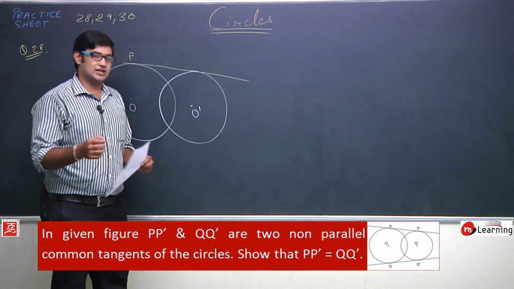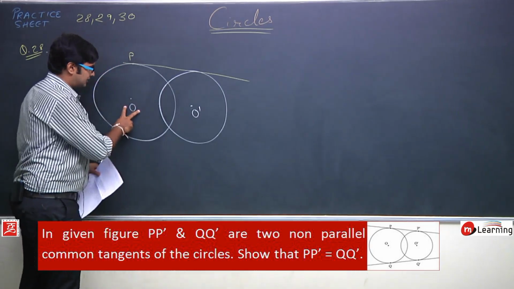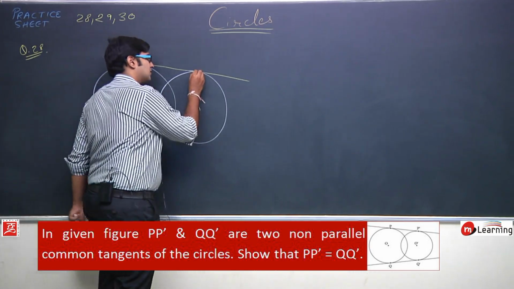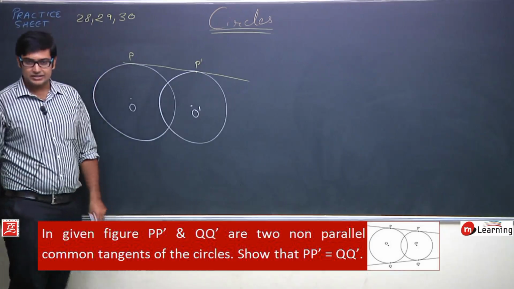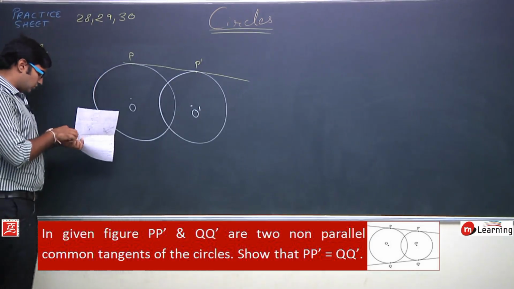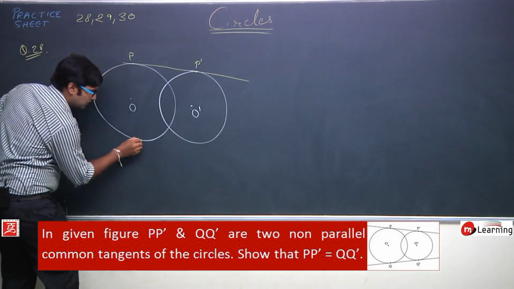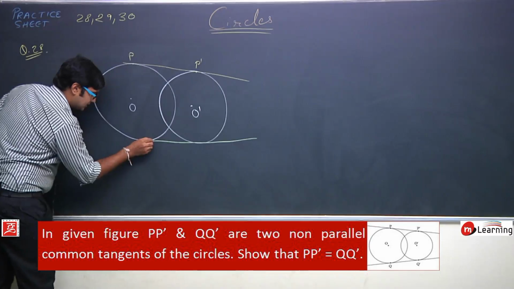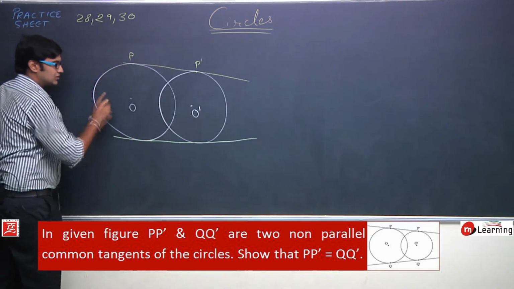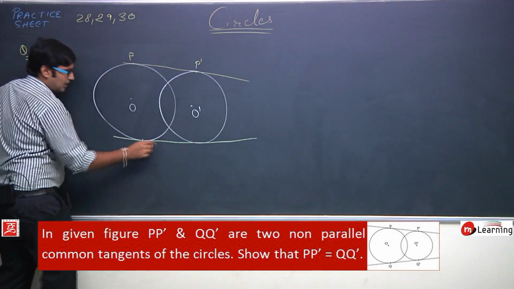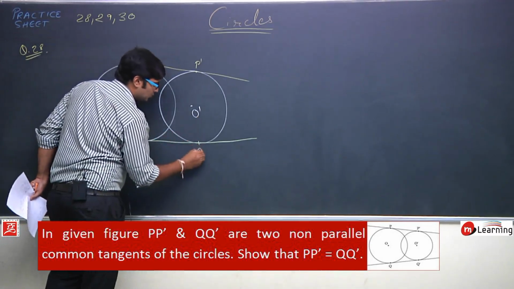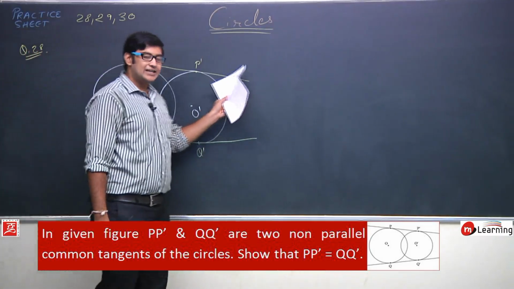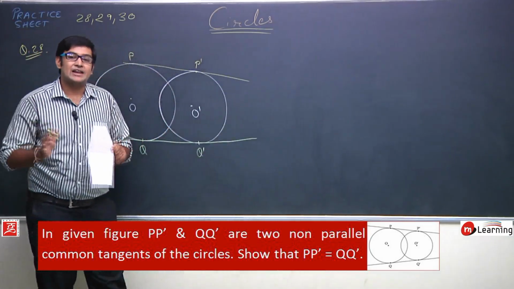Similarly, QQ dash is also a tangent common to both the circles. It means QQ dash is tangent to this circle at point Q and tangent to this circle at point Q dash. So this is the figure, and it says that these two tangents are non-parallel.